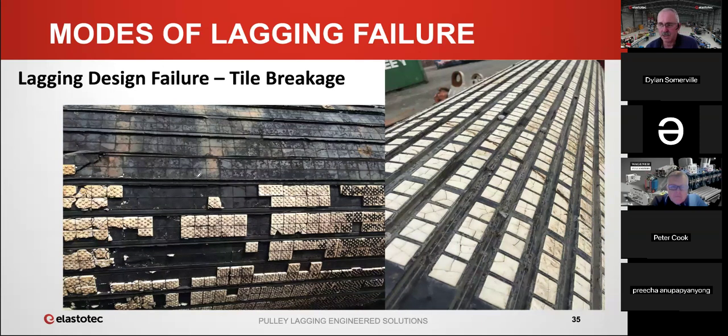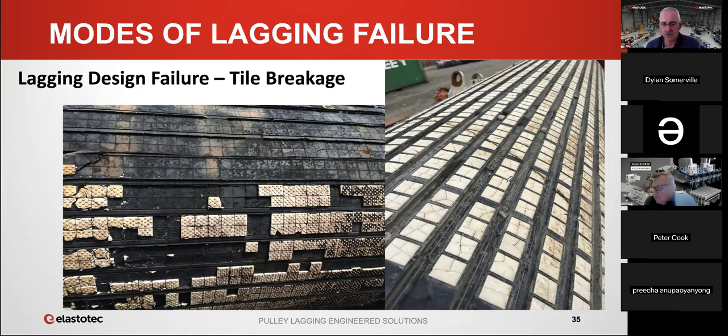Now if you imagine that as the pulley is turning, it contacts the belt and you get a torque or a force applied to it, that force shears on the back of the tile along where the bond line is. And the cyclic nature of this happening every time the pulley turns will find any weakness in the bonding and result in debonding.